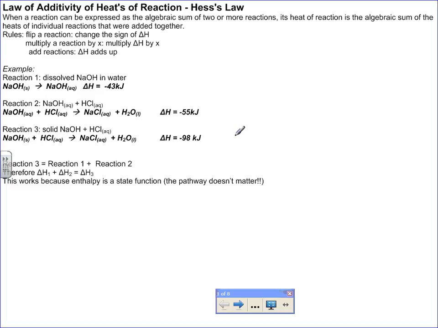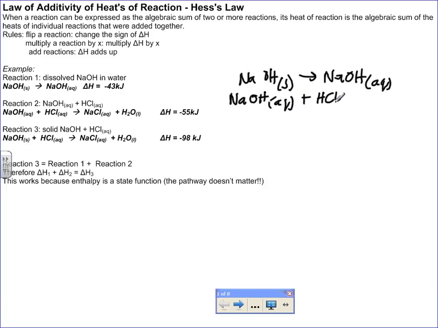And if we look a little bit more carefully, we can see that when we add these reactions, the way that we've learned in the past, they add the way that we would expect. And what this is showing us is that the pathway that we take to find the delta H does not matter as long as the overall is the same.